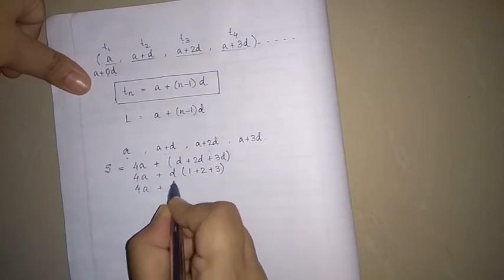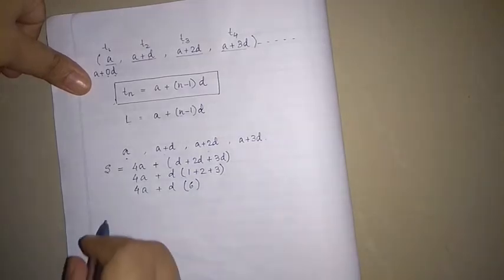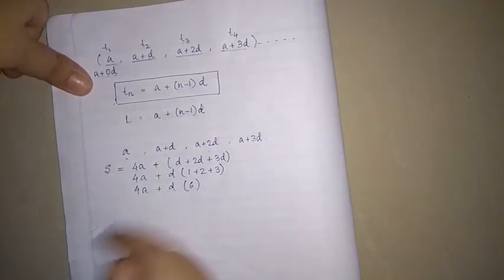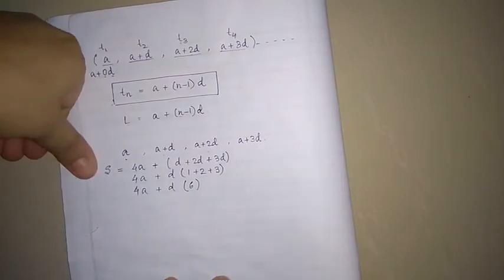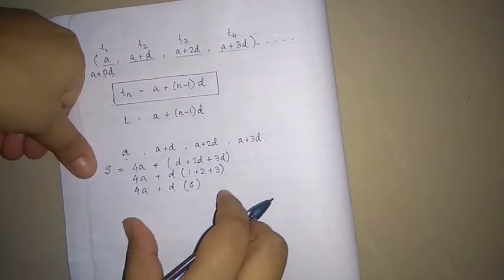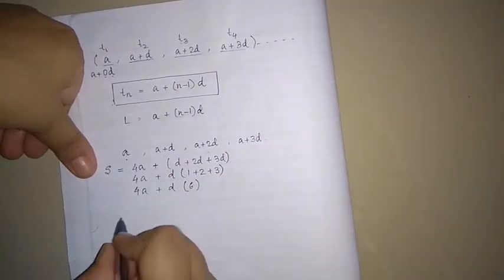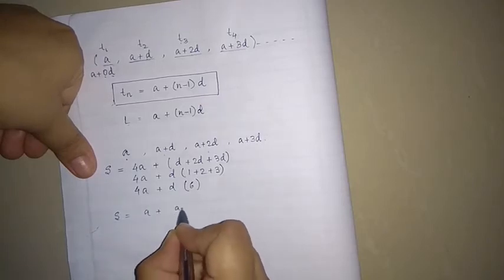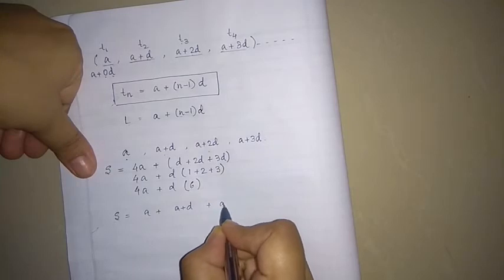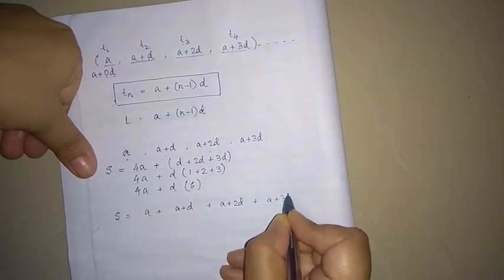So 4a plus 6d. Now let us start with a common way. Suppose S is a, a plus d, a plus 2d, and a plus 3d.